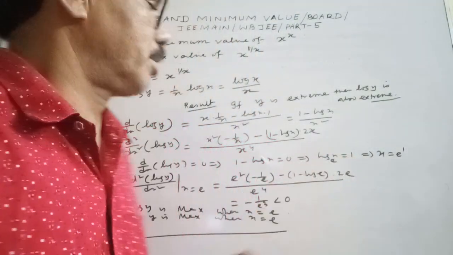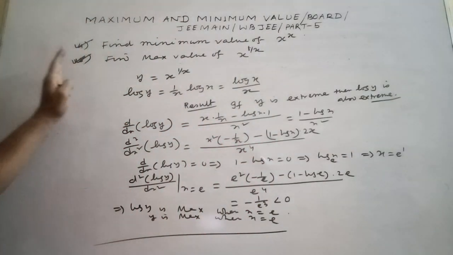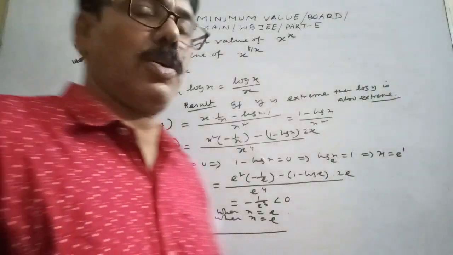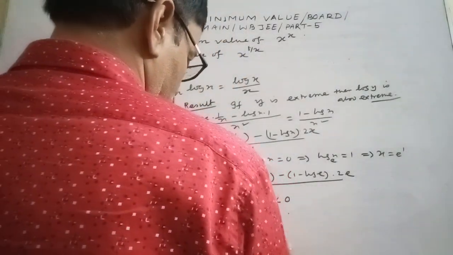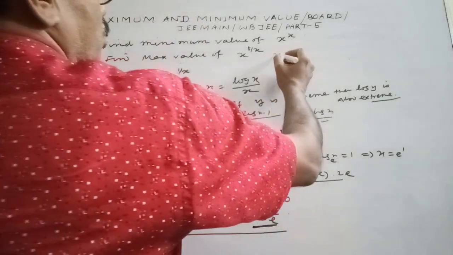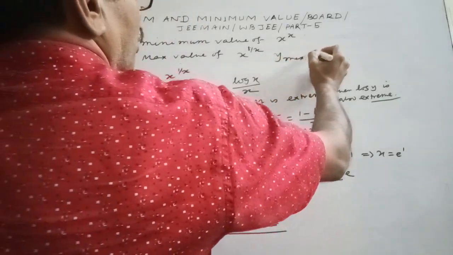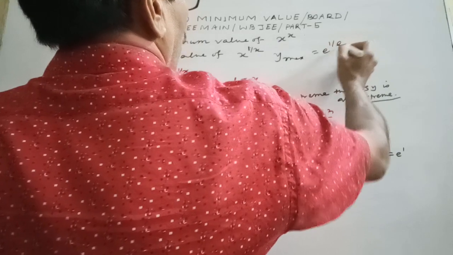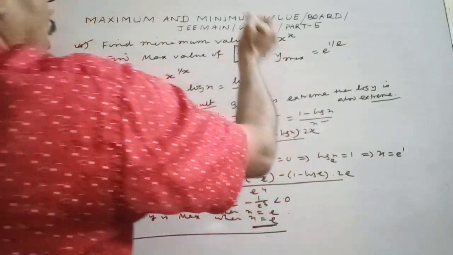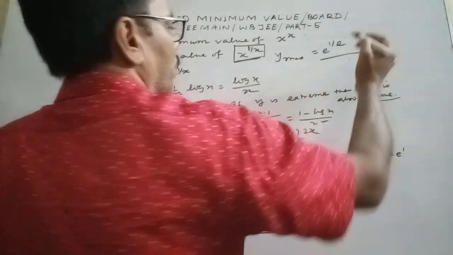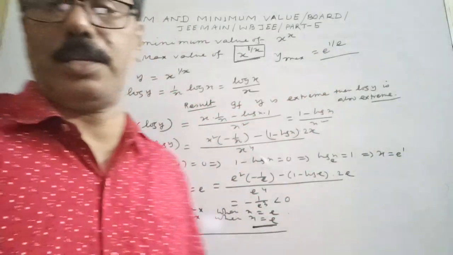Just like the previous result, if log y is minimum or maximum, then y is also maximum or minimum. So you are getting the point x equals e. So what is y maximum? Put the value of x in the given function: e to the power 1 by e.